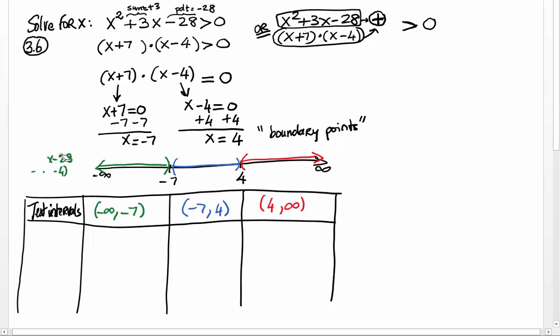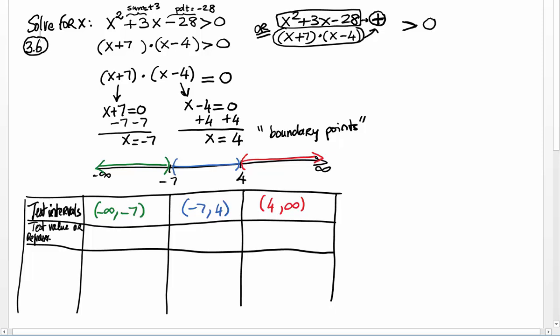We're going to go ahead and in the next column over here, we're going to think about what we call a test value, or over here, what we call a representative number.